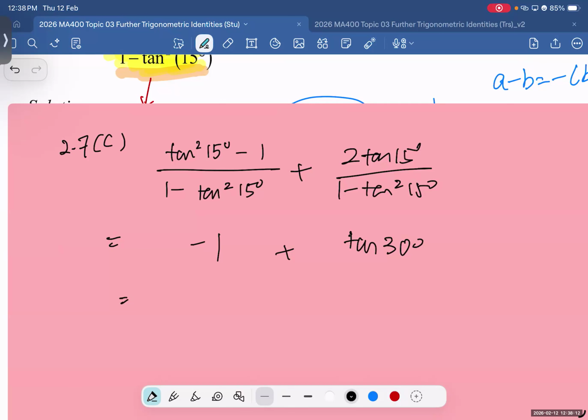Joshua, would you like to redeem yourself? Can. Okay, no problem. Prove that. What question are you at now? Write down the Pythagorean identity.